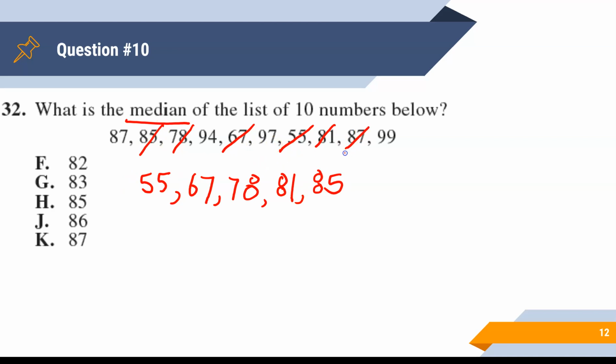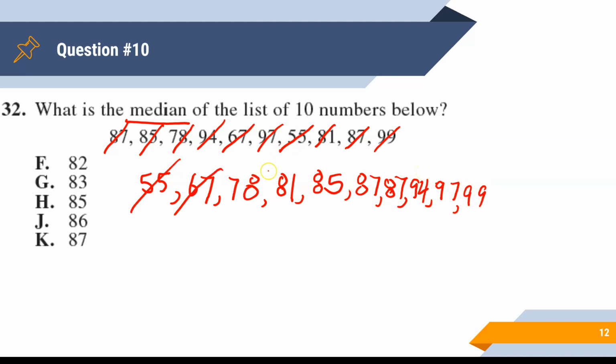And then an 87. In fact, there's 2 87s. And then 94, and then 97 and 99. So we need to find the middle value. I'm just going to start counting in. The middle number between 85 and 87 must be 86.